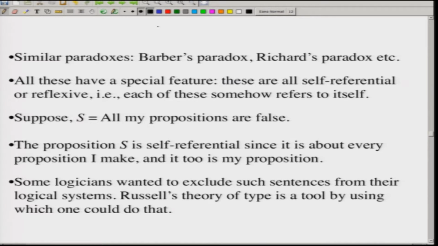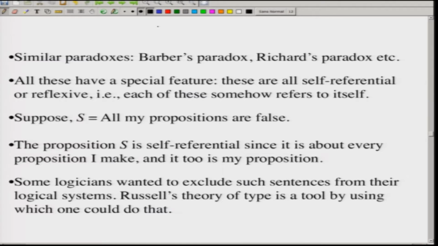Suppose we call the sentence, all my propositions are false, S. Now, the proposition S is self-referential, since it is about every proposition I make, and it too is my proposition.